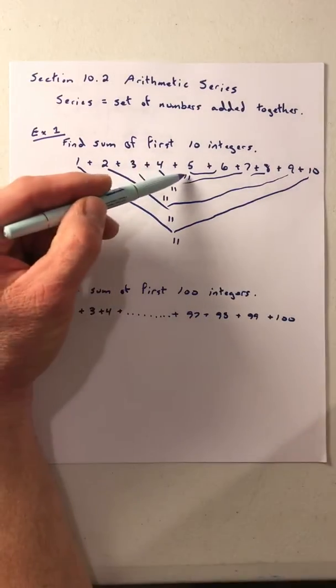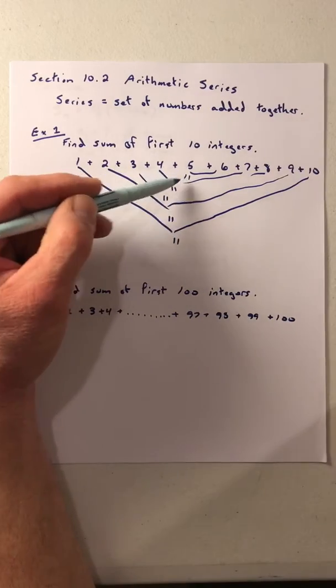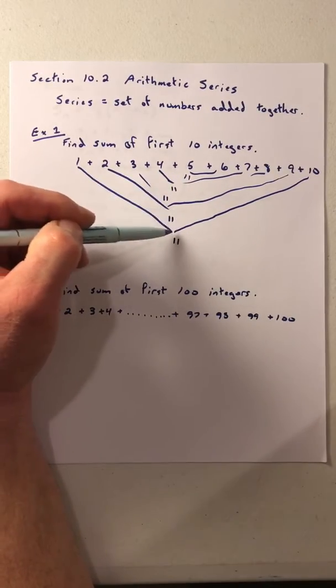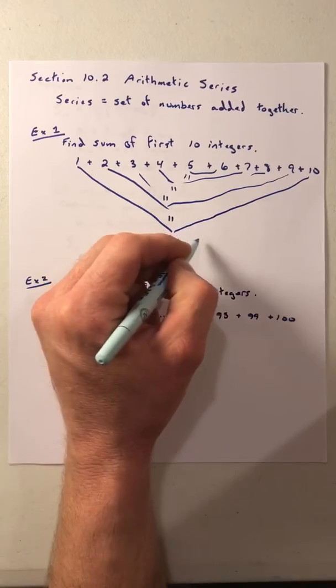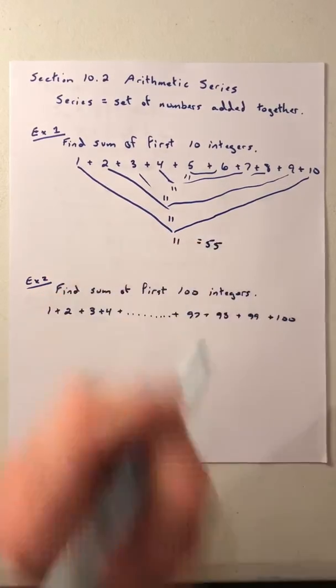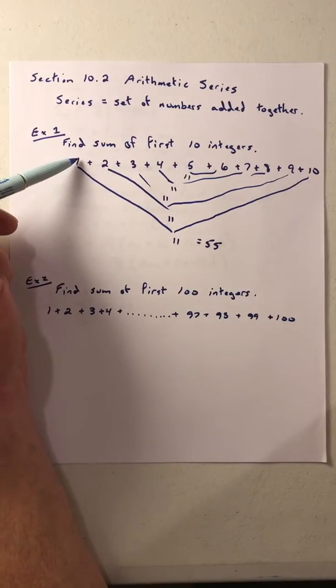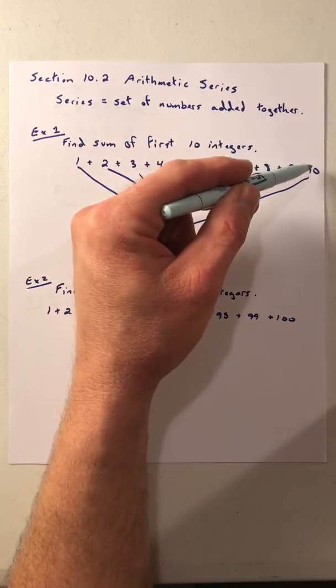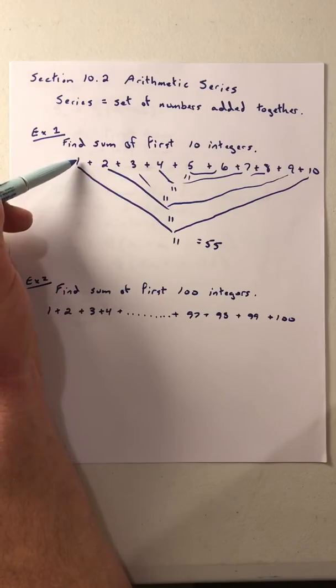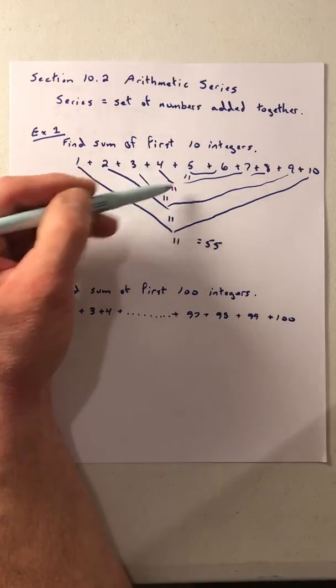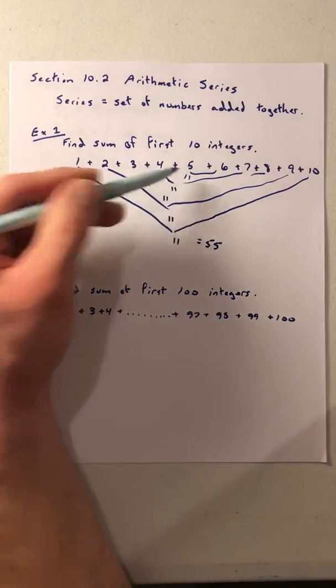So if I add those together, 11 plus 11 plus 11 plus 11 plus 11, or 11 times 5, I end up with 55. What happened? Well, I added the first term and the last term, and that gave me the sum of each of my pairs.